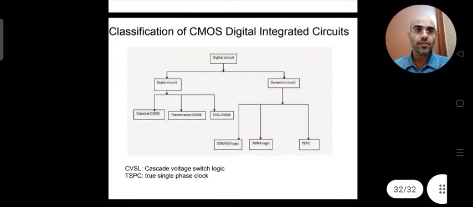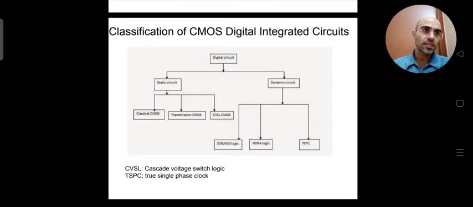And if we just consider the CMOS digital integrated circuit. In the last slide we saw the various competitive technologies, not the logic families basically, but which type of transistors or which type of material you are using to fabricate the things. Based on that, the classification was there.